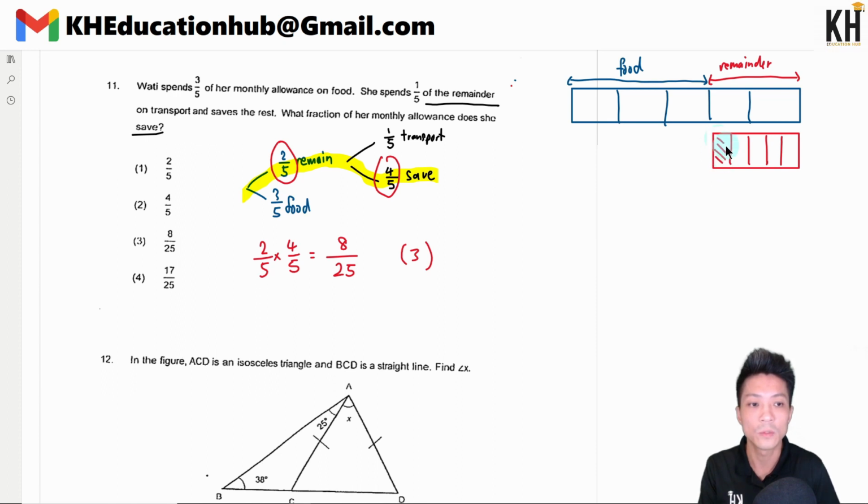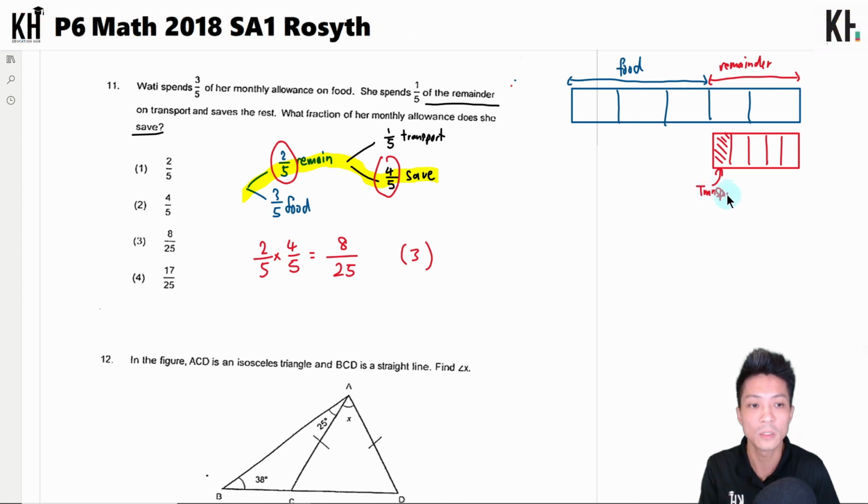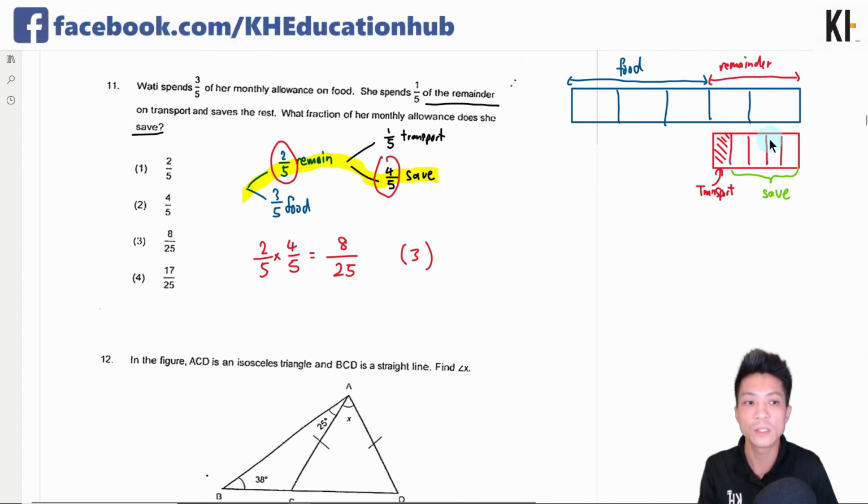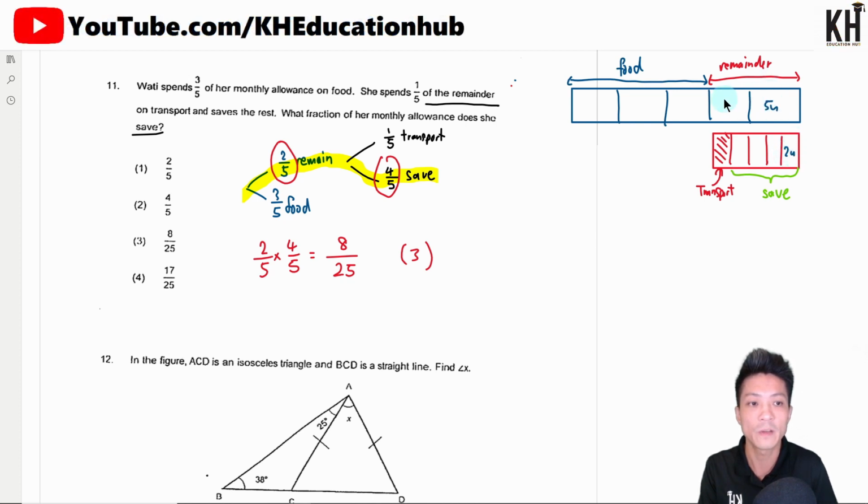So I'm going to shade this part. This is on the transport. And then here to here is what she saved. So you can see that in order to make everything the same, this is 5 blocks and this is 2 blocks, right? So I need to times 2, which means that each one will need to be a 2 unit, and this will be a 5 unit. 2 unit, 2 unit, 2 unit, and 2 units.